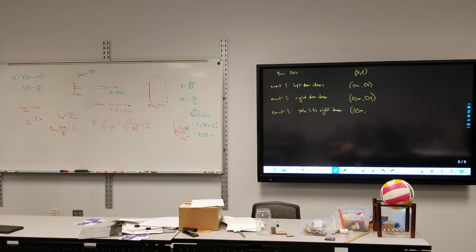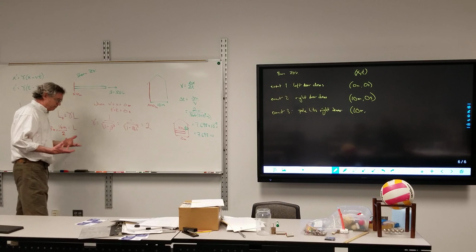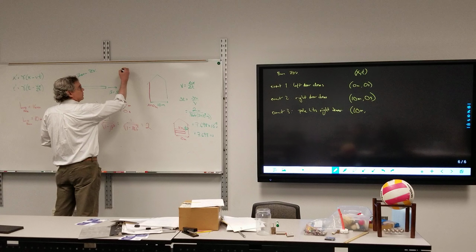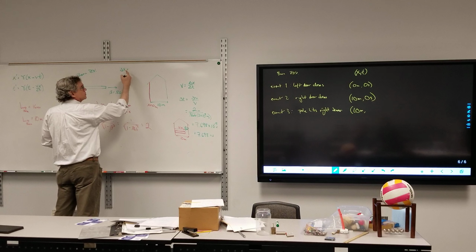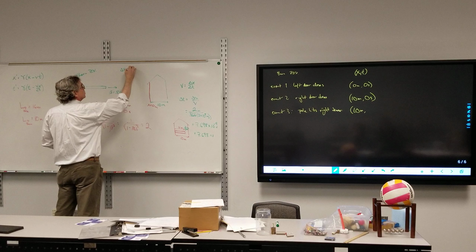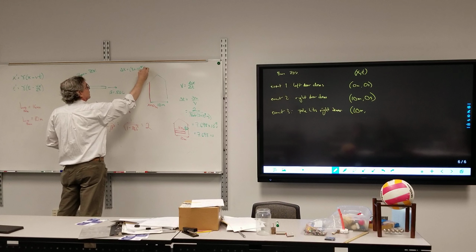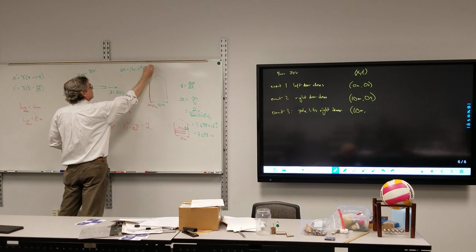Actually, if it's traveling the speed of light, how far does light travel in a nanosecond? Just to give some sort of physical sense to it. So I want to know how far it travels, so the distance is the speed times the time, so 3 times 10 to the 8th in a nanosecond, 10 to the negative 9th.